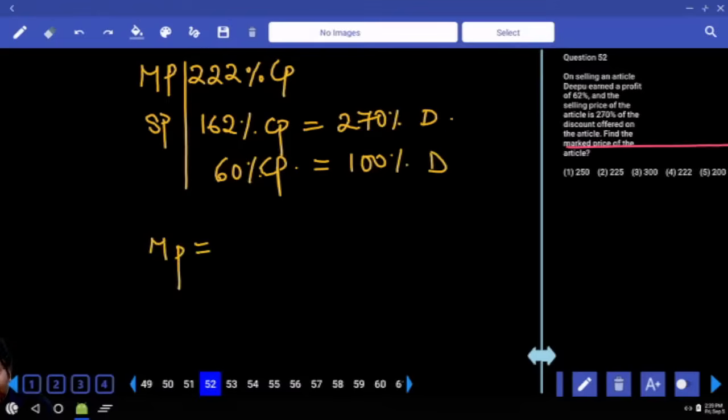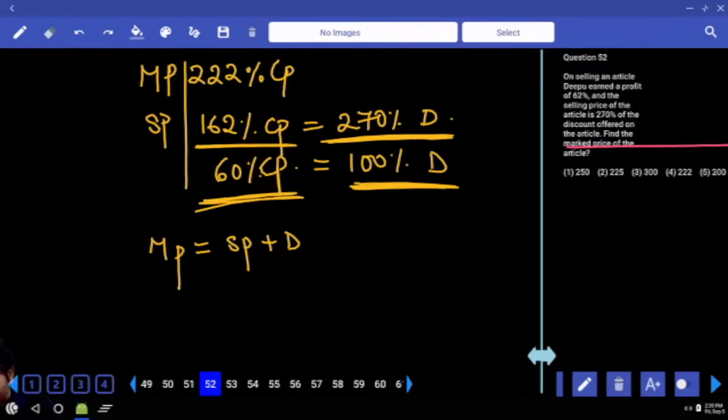Market price is equal to selling price plus discount. According to the condition, selling price is equal to 270% of the discount. Using that, we calculated what is 100% of the discount. We got it as 60% of cost price.